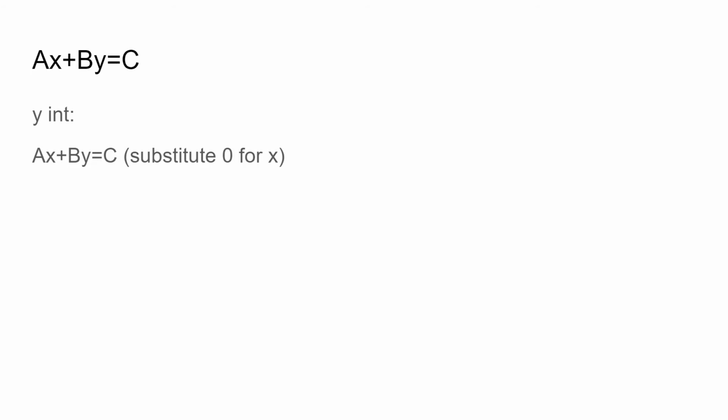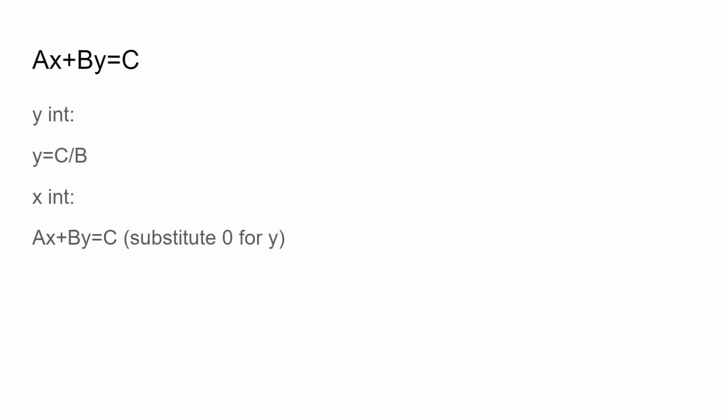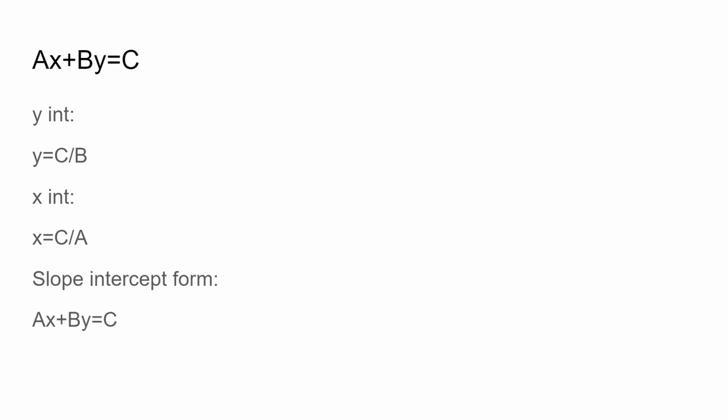And let's just do that for the original standard form equation. And we get that the y value of the y-intercept is c over b. And similarly, we get that the x-intercept is c over a.